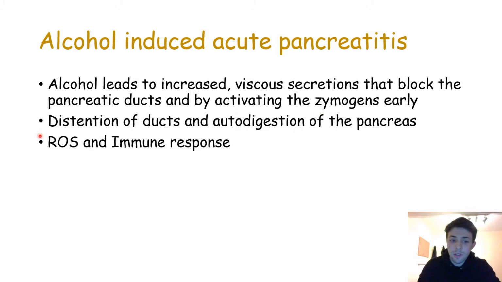Another two ways in which alcohol can damage the pancreas and cause acute pancreatitis is through reactive oxygen species, which can then damage the pancreas, and a localized autoimmune response. It can end up releasing some autoimmune signals, and that can end up damaging the pancreas as well.